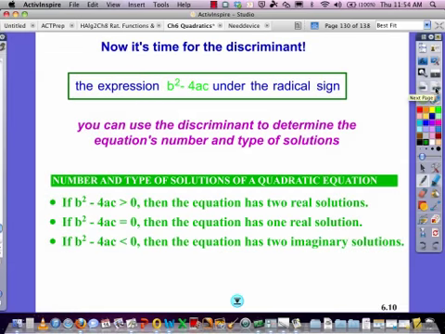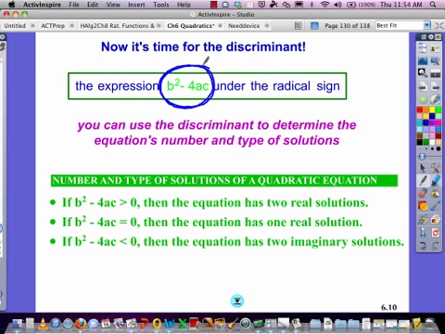Now we're going to say, well, what happens in the big picture? The discriminant is that value underneath the radical sign in the quadratic formula.